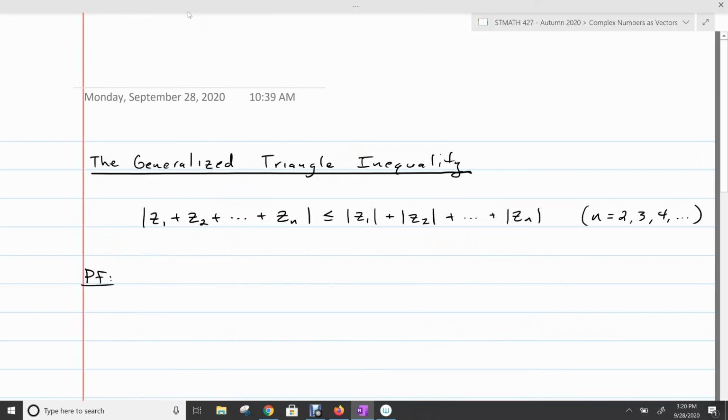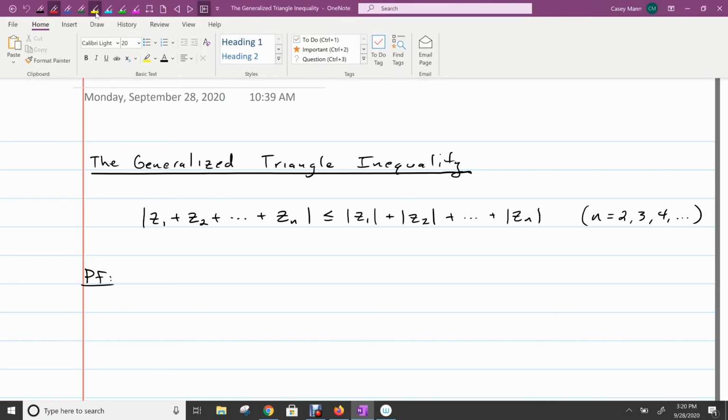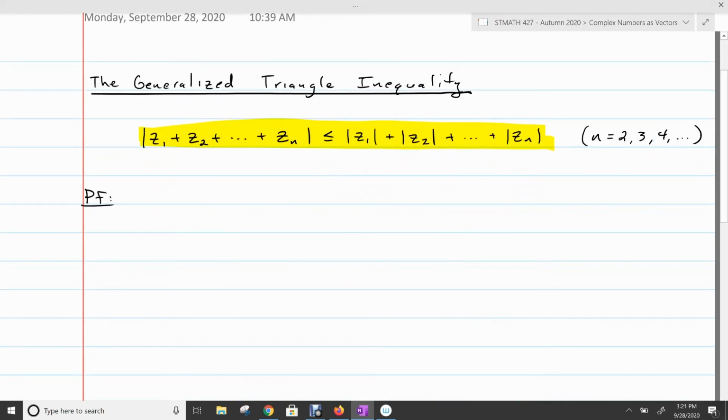Next, we can talk about the generalized triangle inequality. So if you're summing 3 or more terms, it turns out that the triangle inequality generalizes in the nicest way possible here. The proof of this is pretty straightforward. It's a straightforward induction. Remember, when you do induction, you've got to establish a base case.